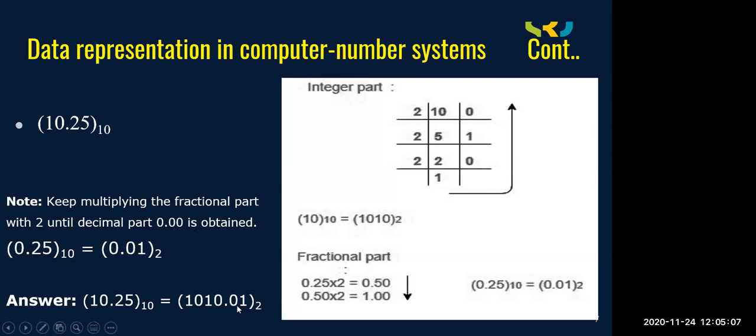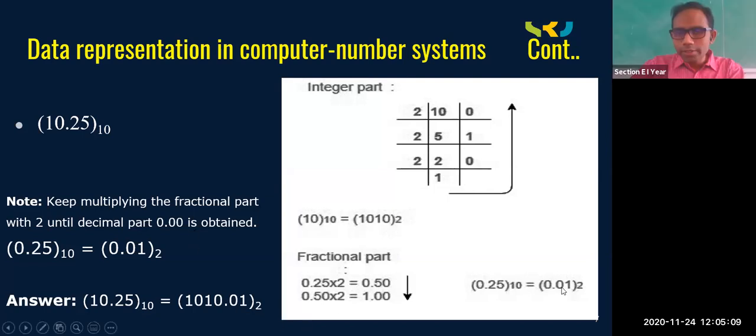So here you are going to get 0.01 to the base 2. Keep multiplying the fraction part with 2 until the decimal part becomes 0.00. Then whatever may be the numerator, just move this 1 to the right hand side. So 0.01 will be the result. Answer of 10.25 is equal to 1010.01.